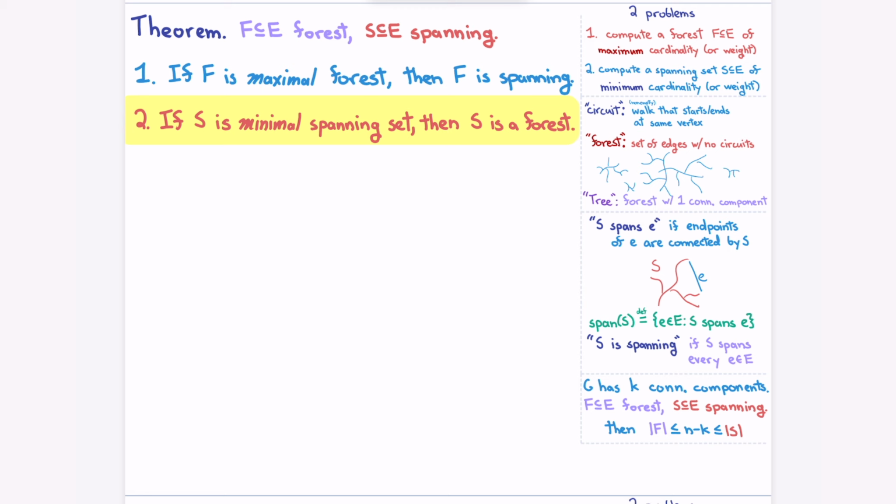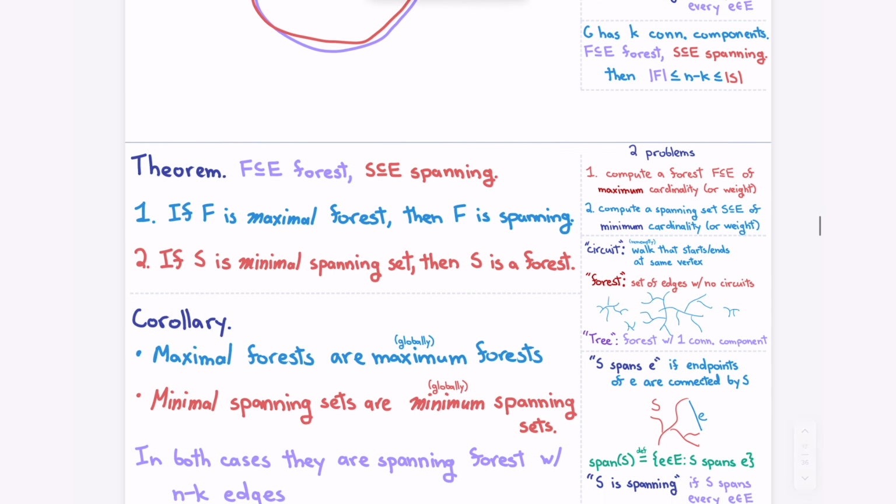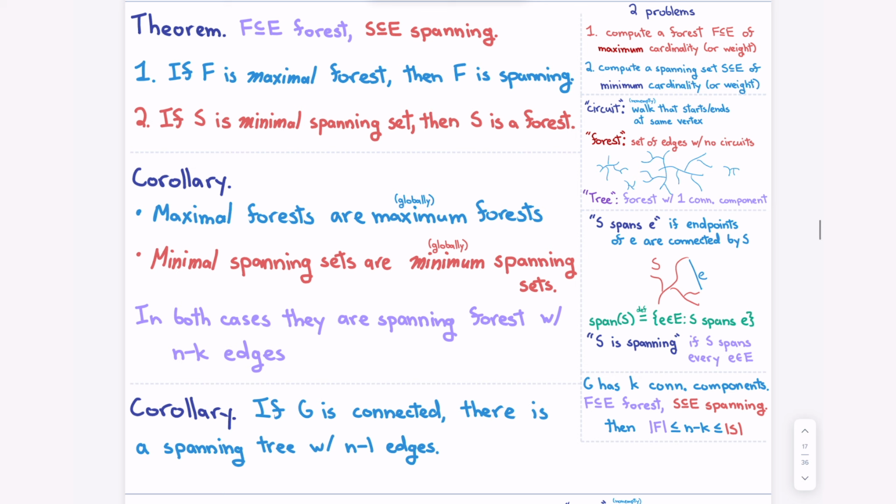Yeah, so if it's not a forest, then you have some kind of cycle, right? And if you delete this edge here, you still have this connection. So you'll be okay. It'll still span everything in the graph. I'm going a little bit quick because I'm over time. So that's really the point.